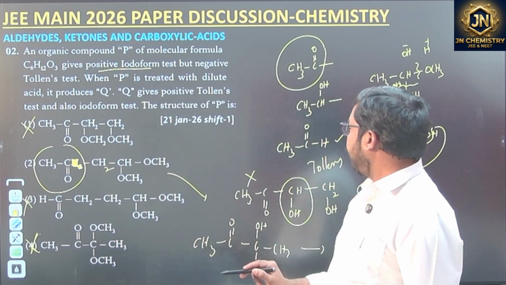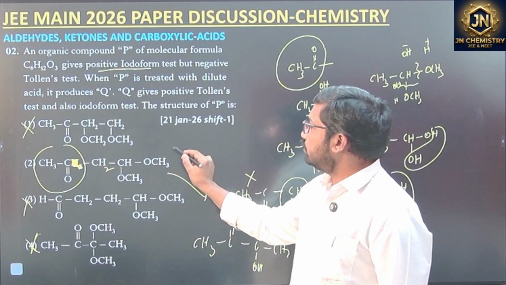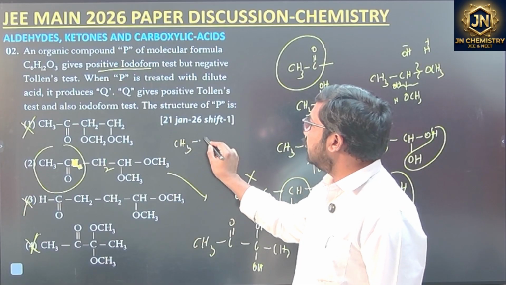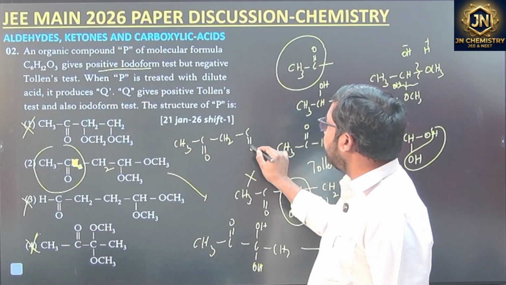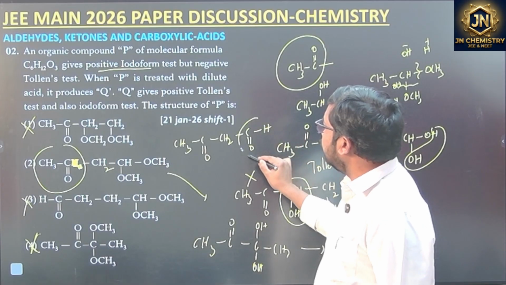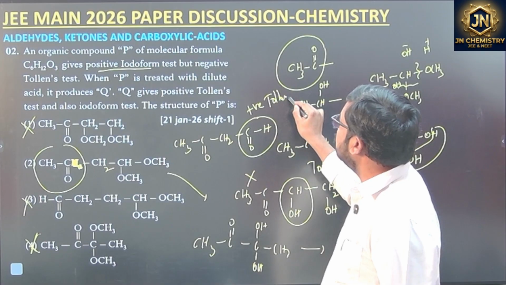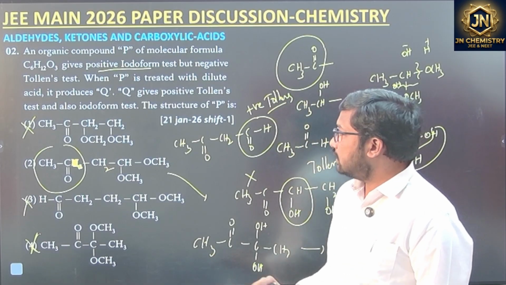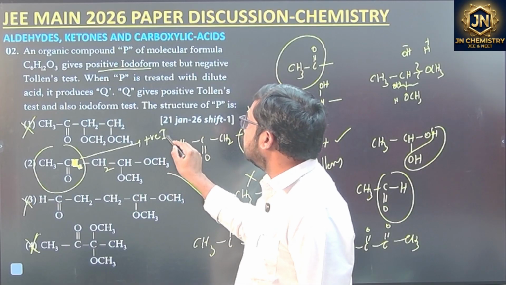So the answer will be the second one. We'll get the compound CH3C=O, CH2, C=O, H. This gives the positive Tollens test, and this gives the positive iodoform test.